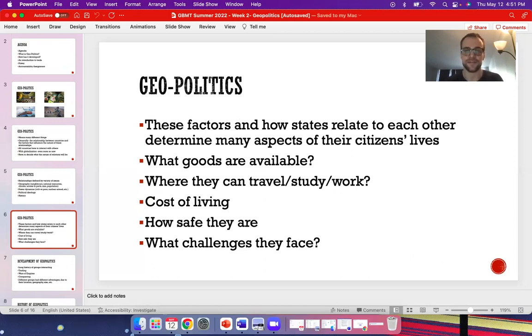This adds a very interesting layer, because it's both a macro level of things happening here, but these macro tectonic shifts in geopolitics also influence the day-to-day lives of citizens in every state.